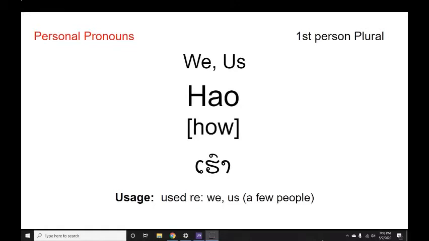It can also be used as we or us, as a standalone word, how, we or us, okay? And the context of what's being stated in the phrase or the sentence will let you know how many people are being referred to. Okay?